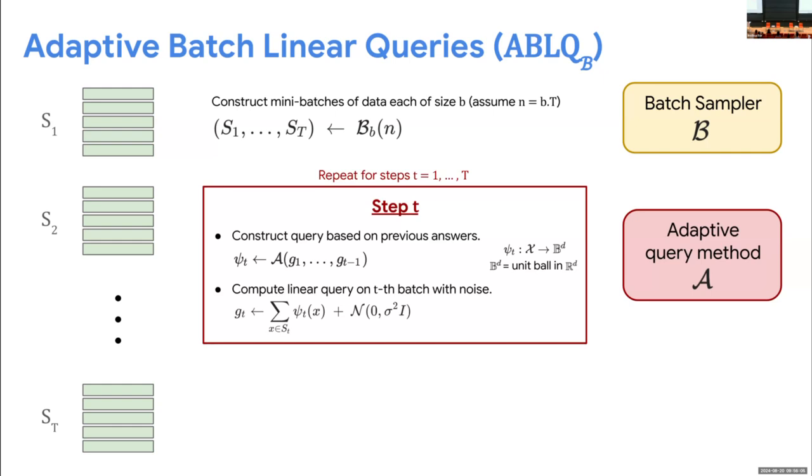You can think of this query as really this gradient oracle, right? It's computing the gradient on the current iterate. And it's adaptive because the point at which you query the gradient depends on the previous iterates. Now this adaptive batch linear query method returns all the answers, the noisy estimates of all the linear queries.